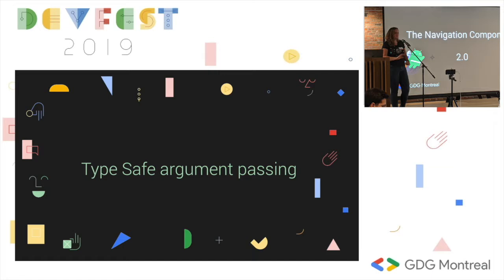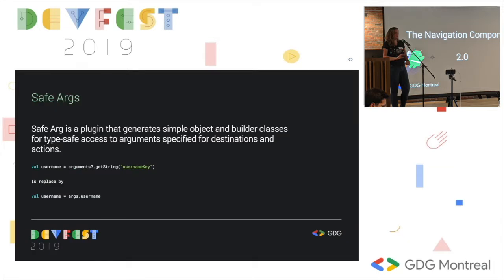What is safe args? Actually, it's a library, a plugin that Google added with the navigation component that will generate for you some classes that specify the relationship, the objects that you need to pass from one destination to the other screen.